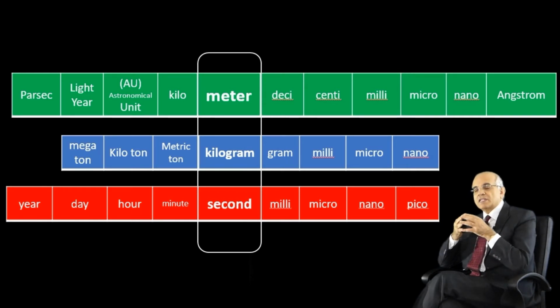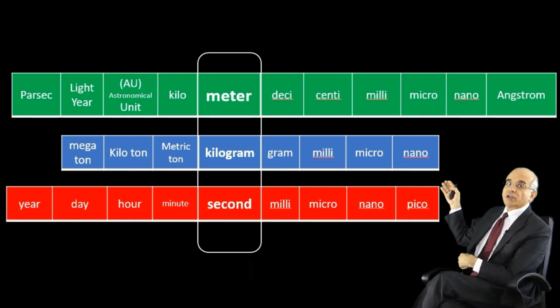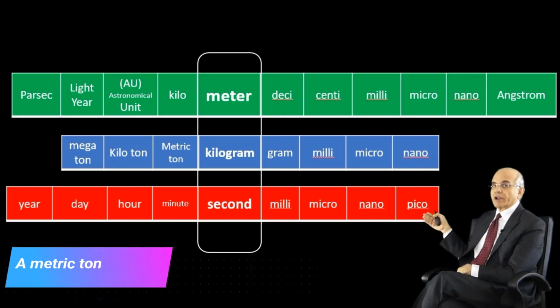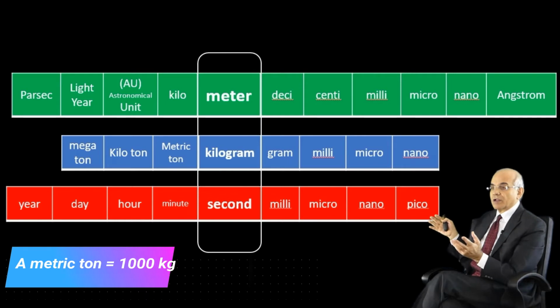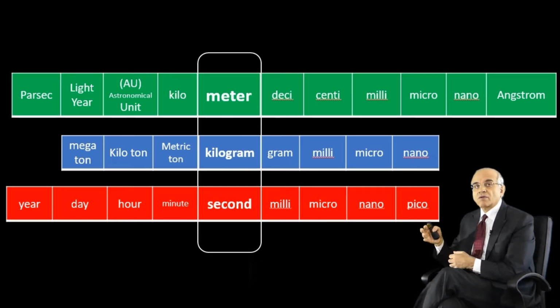But the basic unit that is used in physics, in science, is the kilogram, actually. So what's bigger than a kilogram? Well, we go by thousands. So there is a ton, a metric ton, we call it, which is 1,000 kilograms. Or there's a kiloton, which is 1,000 tons, or 1,000,000 kilograms. Or a megaton, which is 1,000 kilotons, or 1,000,000,000 kilograms.